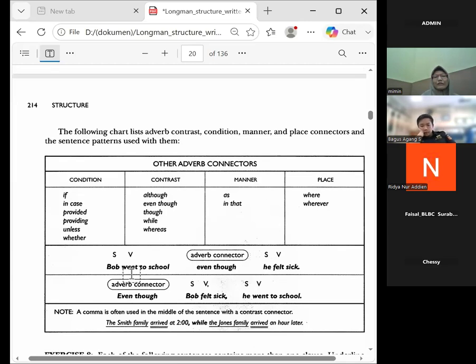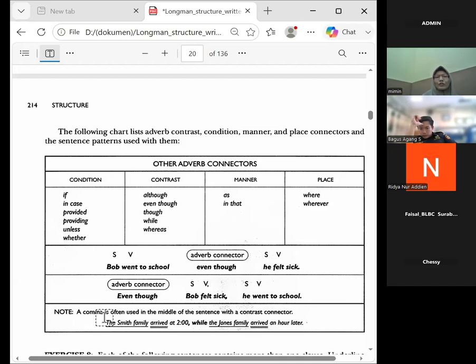So if you start with the main clause, Bob went to school even though there is no comma, he felt sick. All right? But if you put even though at the beginning, even though Bob felt sick, he went to school. Okay?